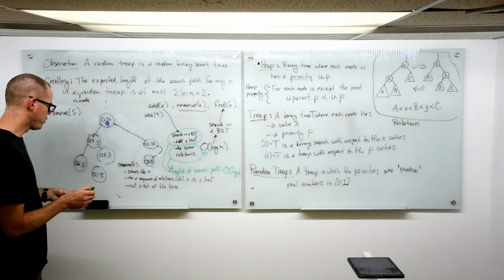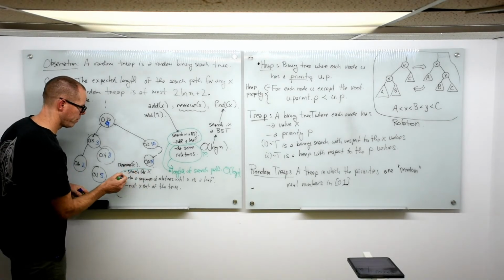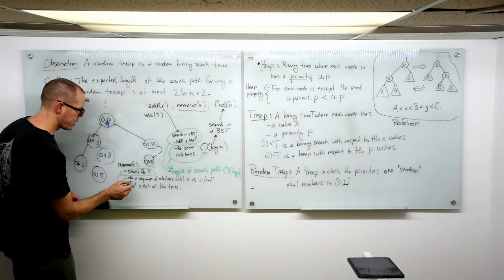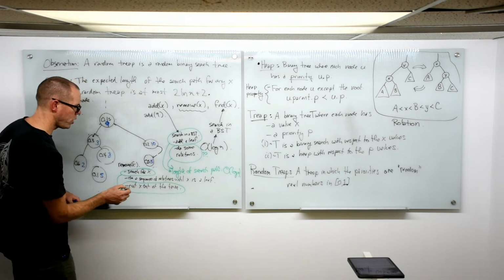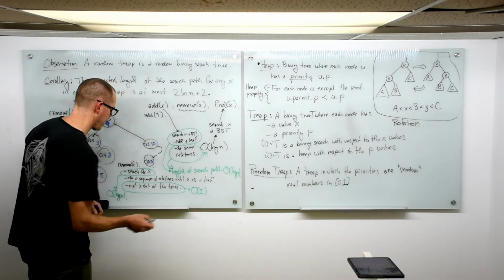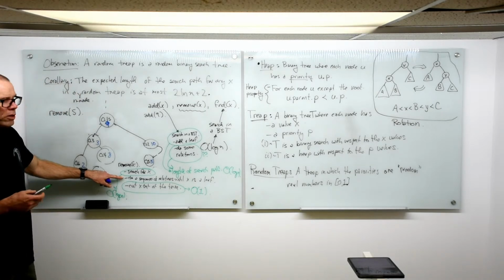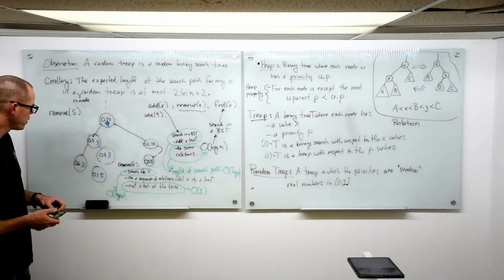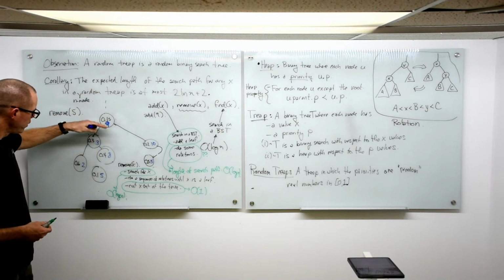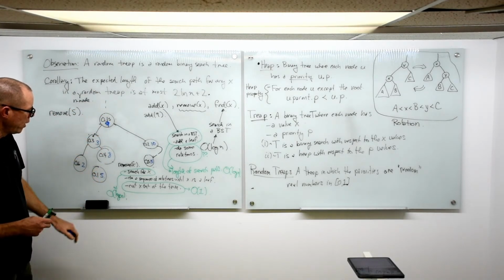So the search for x, we've already figured out only takes O of log n expected time. Cutting x out of the tree, that's just changing 2 pointers, so that's only constant time. But this sequence of rotations that we do, here we did a bunch of rotations that pushed this thing down in the tree until it became a leaf.